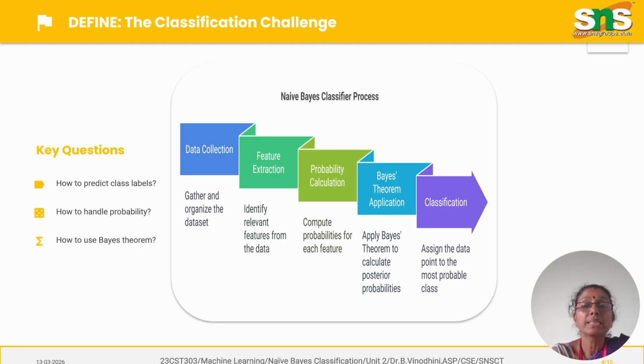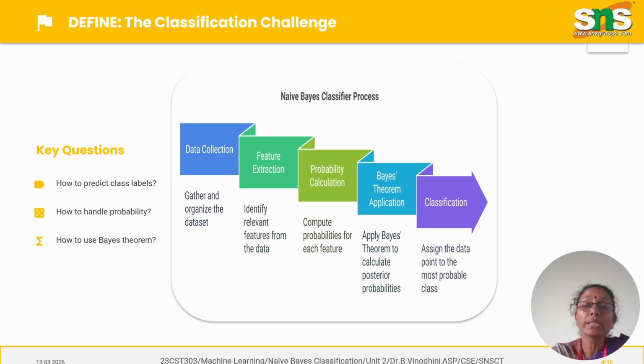The Naïve Bayes classifier process is, first, we should collect the data. We can gather and organize the data from an already existing data set or a newly created data set. After collecting the data, we extract the features. Identify the relevant features from the particular data. The next step is to calculate the probability of each feature. The probability calculation is based upon the total number of occurrences and the particular number of occurrences for each class label.